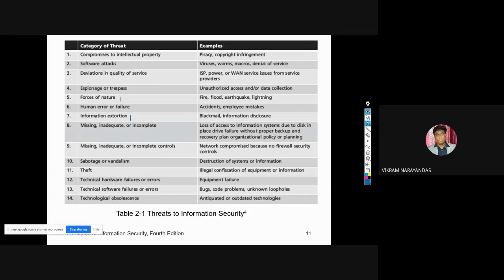Forces of nature are among the most dangerous threats. They are unexpected. Fire, flood, earthquake are all acts of God. They are unexpected and can occur with very little warning.